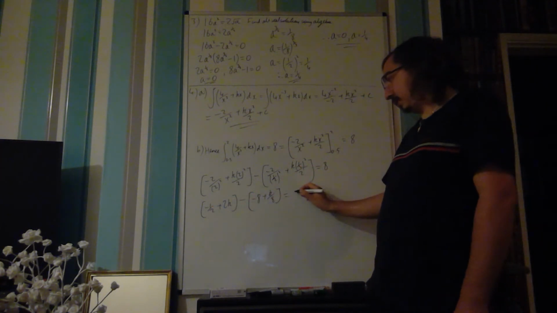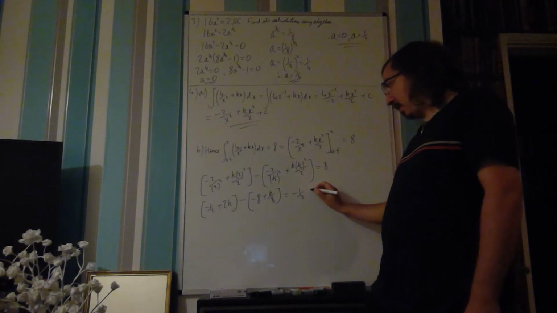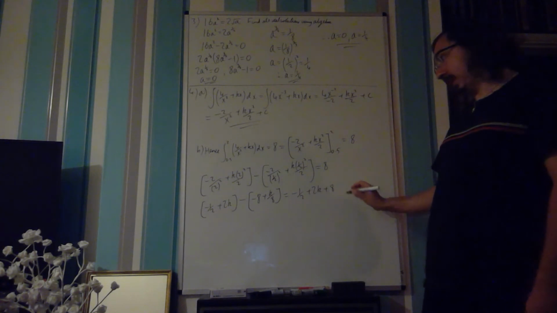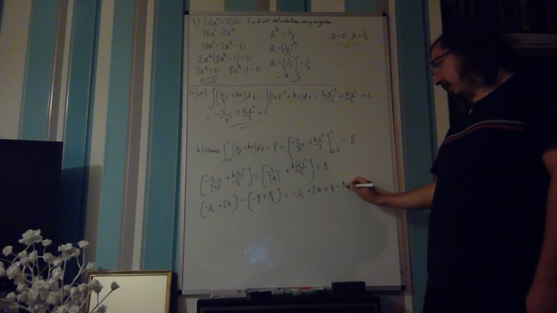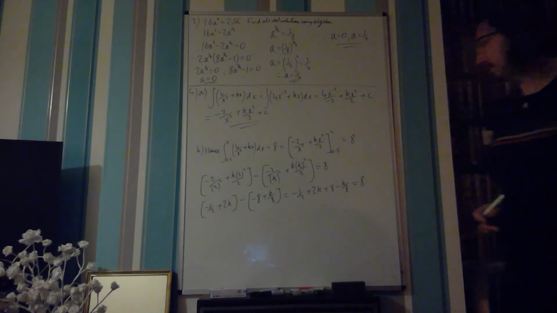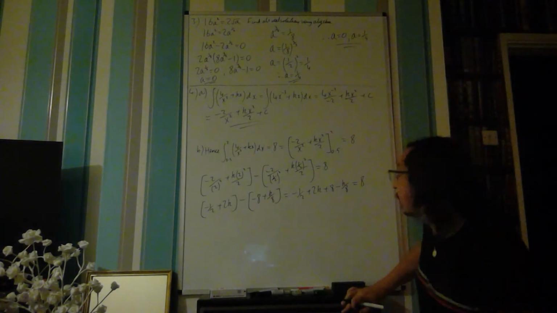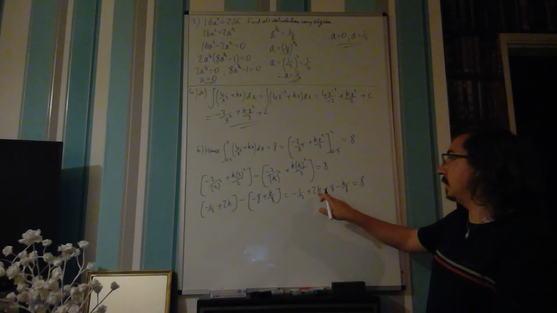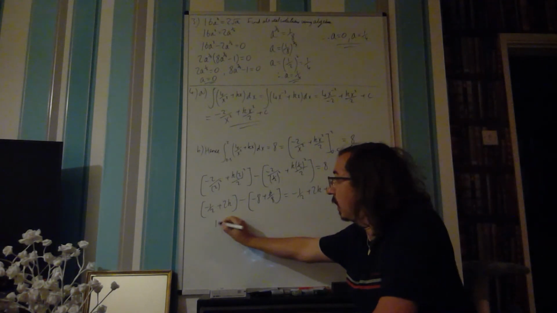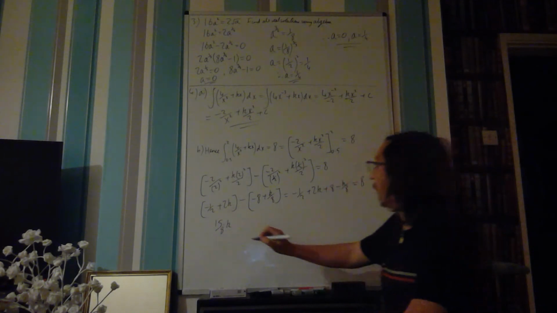Because we've got this minus, if we expand it, we've really got minus a half plus 2k plus 8 minus k over 8, and let's put there that that's equal to 8. Combining these then, 2k minus k over 8, and you get 15 over 8 k.